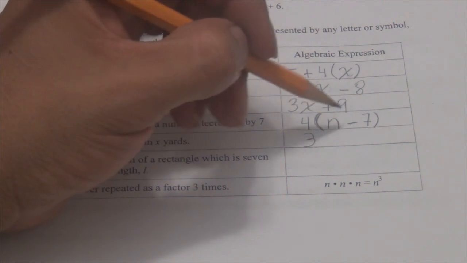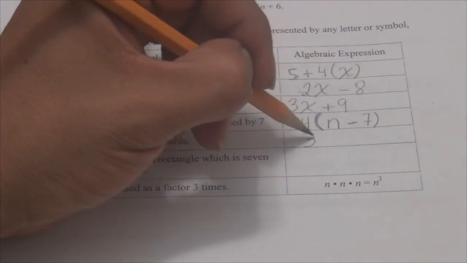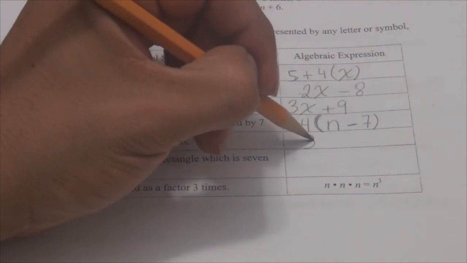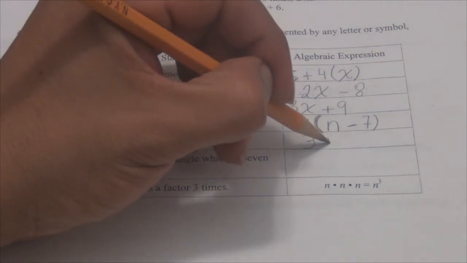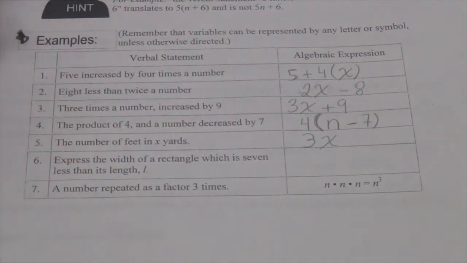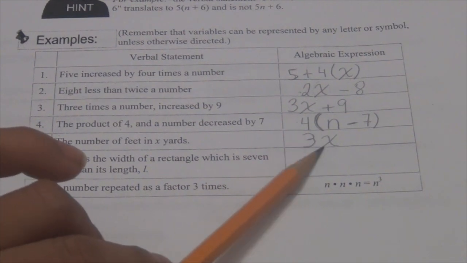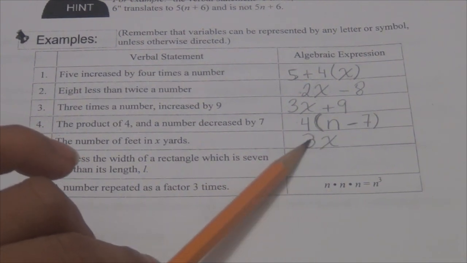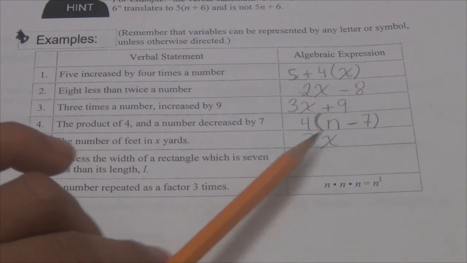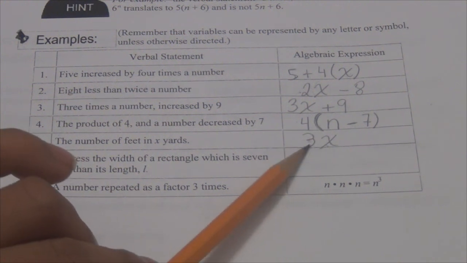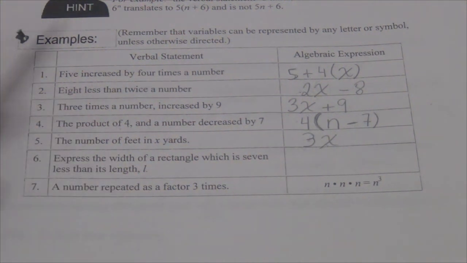So the number of feet is 3x. If x is 1 yard, then this is 3 feet. If x is 2 yards, 3 times 2 is 6. So that's 6 feet. Oh, I'm amazing.